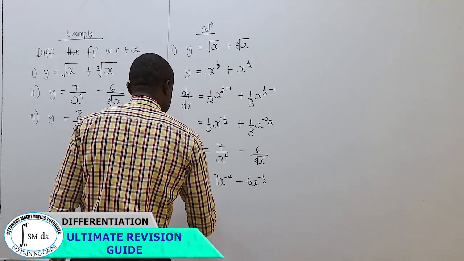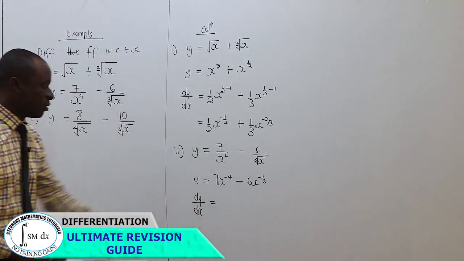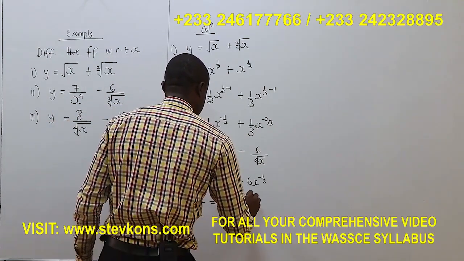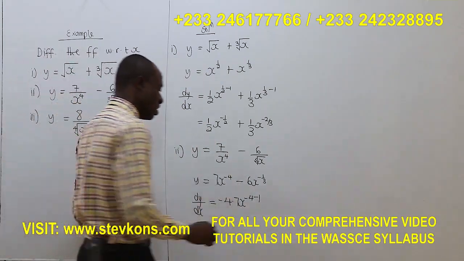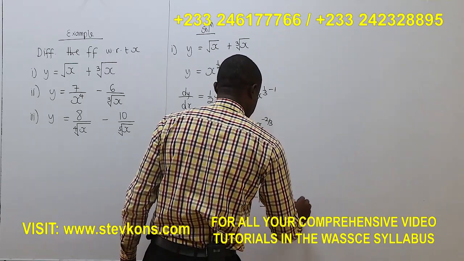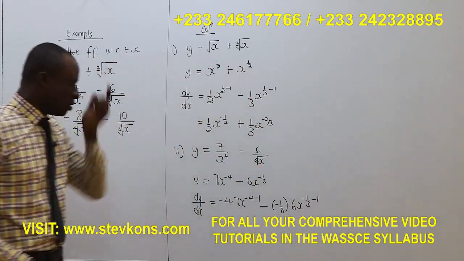From here, when you differentiate dy/dx, pause the video and try the question on your own. Negative 4 comes here. Negative 4 times 7x to the power negative 4 minus 1, and here the negative 1 over 3 will come down. Negative 1 over 3 times 6x to the power negative 1 over 3 minus 1.